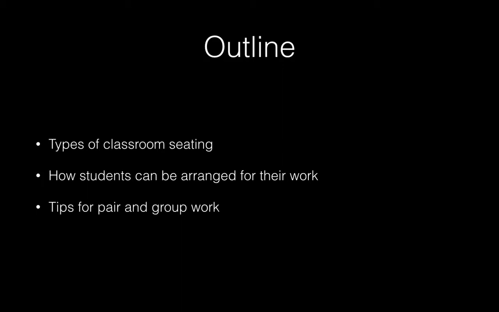Yes, traditional way, so that's what we have in our high schools, middle schools, etc. And then we have the U shape or the horseshoe shape. So semicircles, okay. So those are the kinds of seating arrangements we can have.